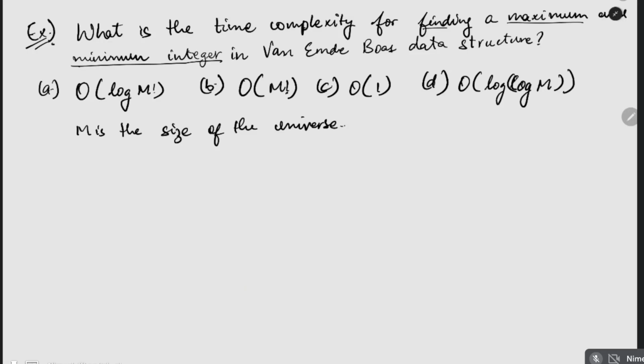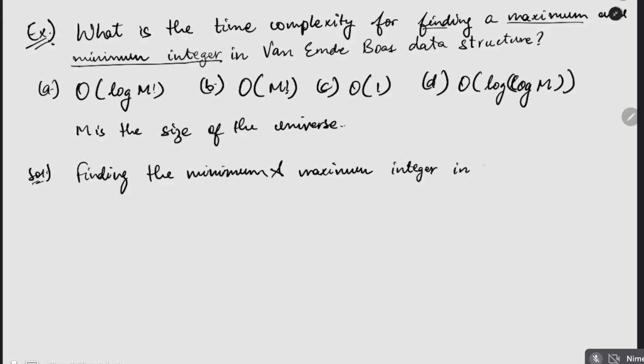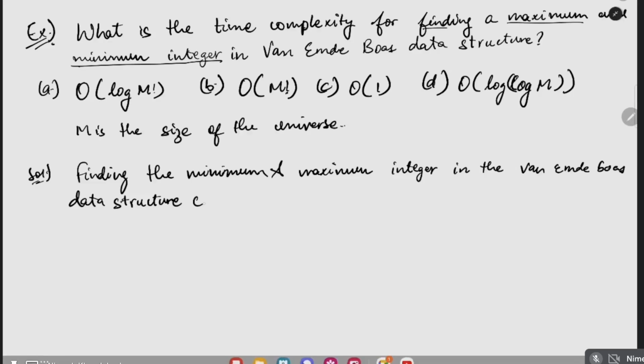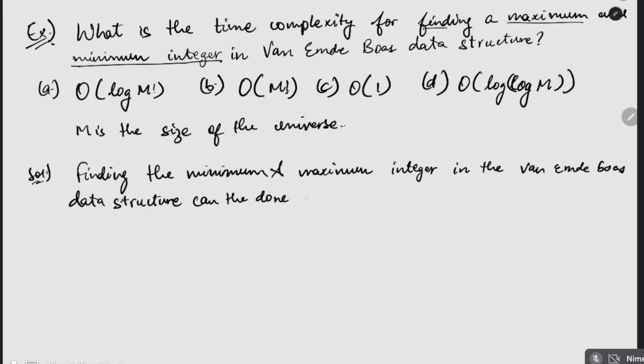What we can actually do is finding the minimum and maximum integer in the Van Emde Boas data structure can be done on an associative array.